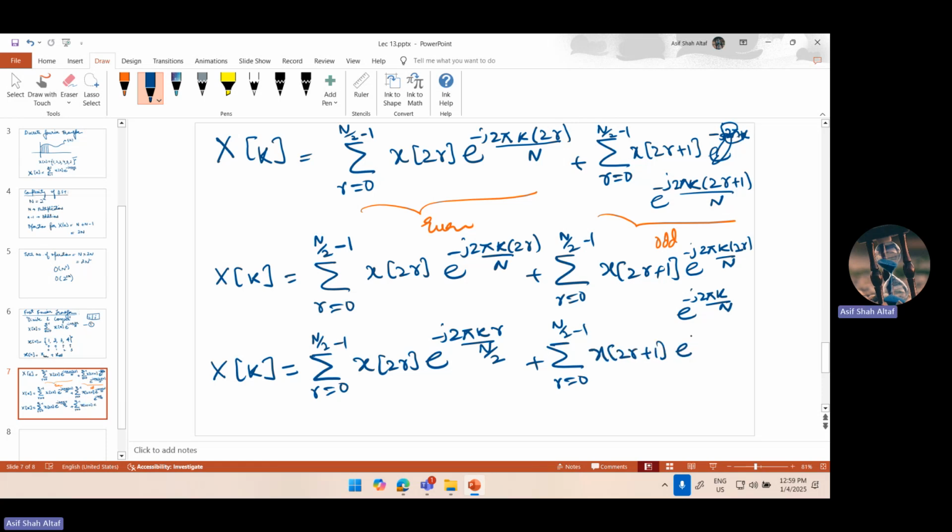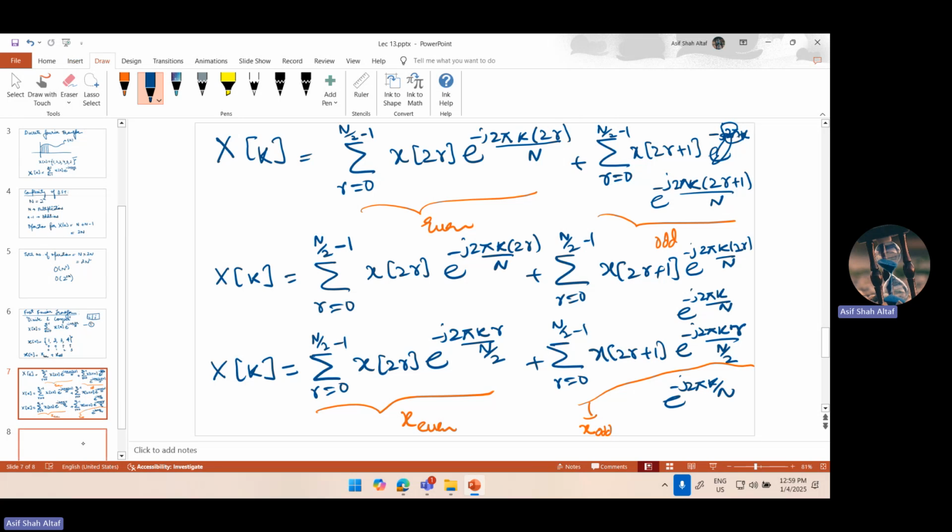So here I can also write 2 pi k r n by 2, and you have this one more exponential. Now what I will do is let's call this thing x even, and this thing here, let's call it x odd.